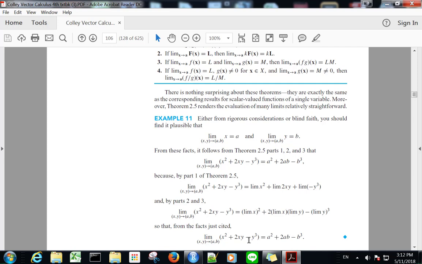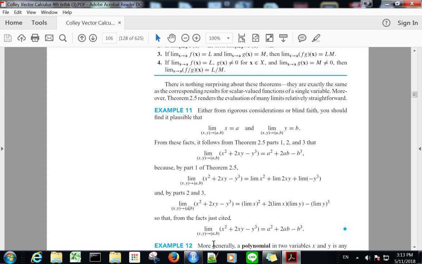But basically what we can see is that when we're doing the limit of a polynomial, this is a polynomial in 2 variables, we can basically just replace the x and y's by this. So it makes it easy to do limits of polynomials. You don't have to convert it to polar coordinates. You don't have to do a lot of algebra. You just drop in the values of a and b.